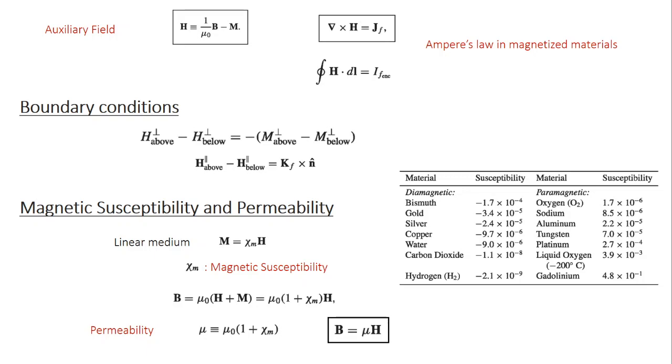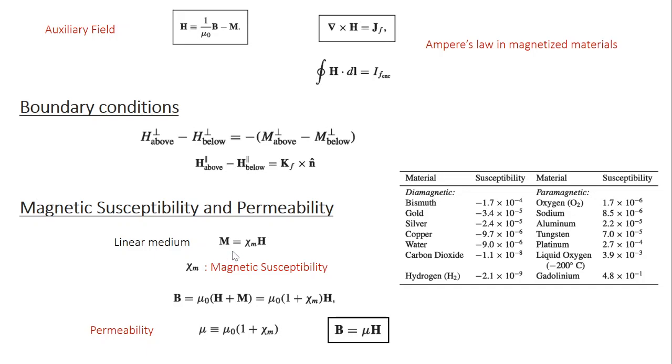What do you do? You take a coil, a wire, and pass current through it. And current is something you can measure directly, and once you know current, you can calculate the auxiliary field directly. On the other hand, if you want to measure the magnetic field, then you need to have more details about the material under study. So from a practical point of view, the auxiliary field is more useful than the magnetic field B, just like the electric field E is more useful than the displacement field D.